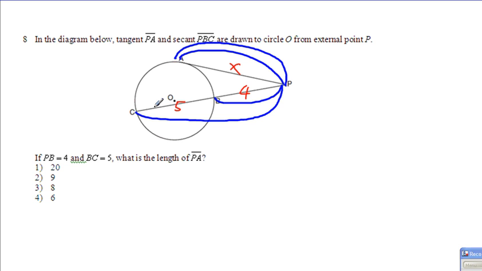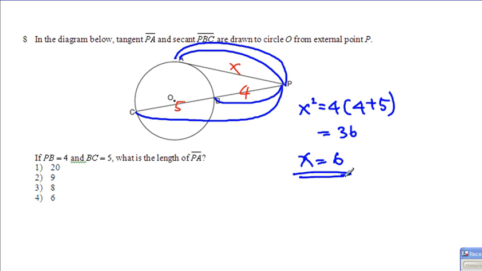We can derive this formula by using the similar triangles. So if you have to rewrite it, x squared will be equal to 4 times 4 plus 5, which ends up being 36. So therefore we can easily see that x must be equal to 6 to get x squared to be equal to 36. And then PA, that is our question.